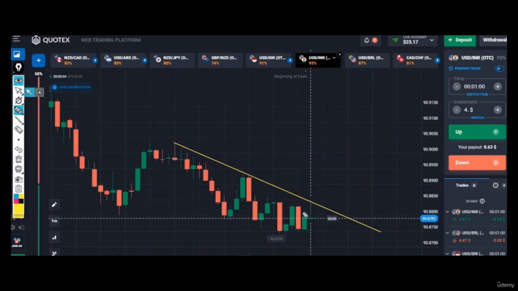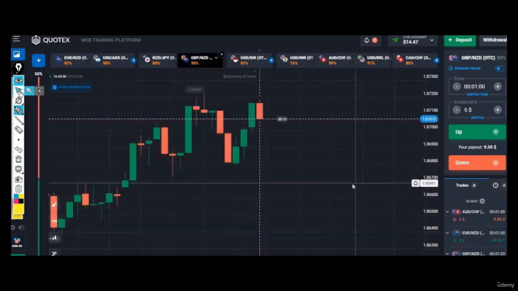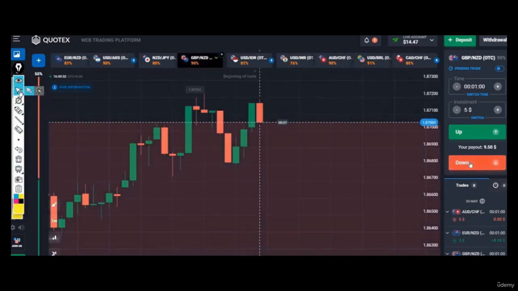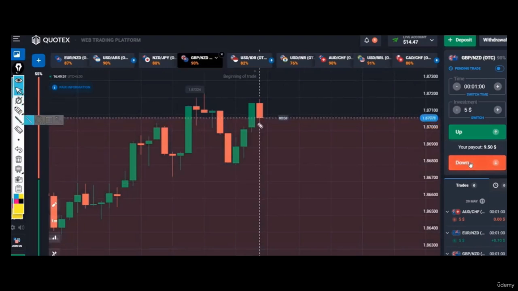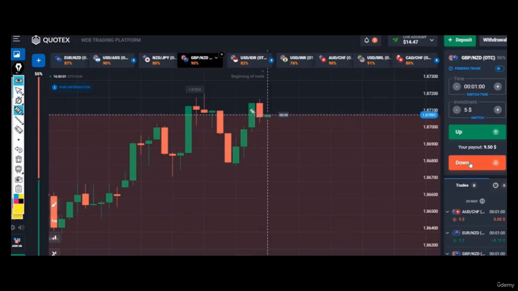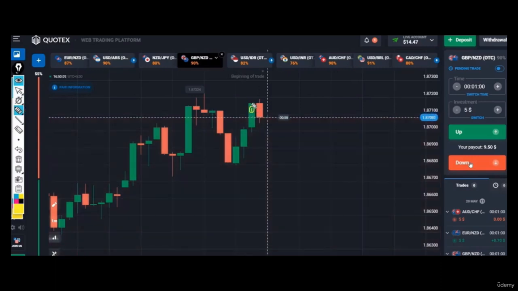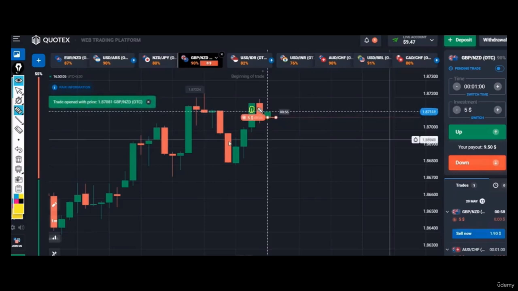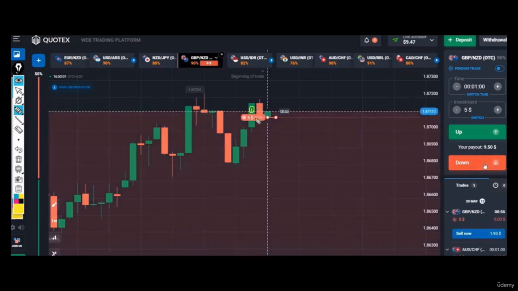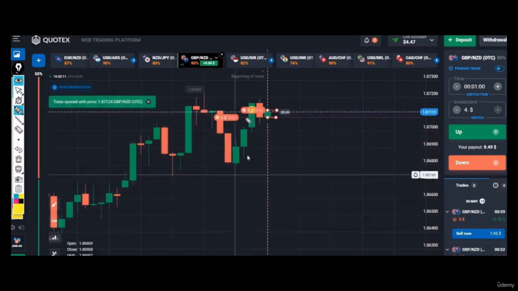Now this is one more example, and you can see here the first candle is green in color, right? So this is the first candle, and this is the second candle. You can see the second candle has closed slightly below the 50% level, right?